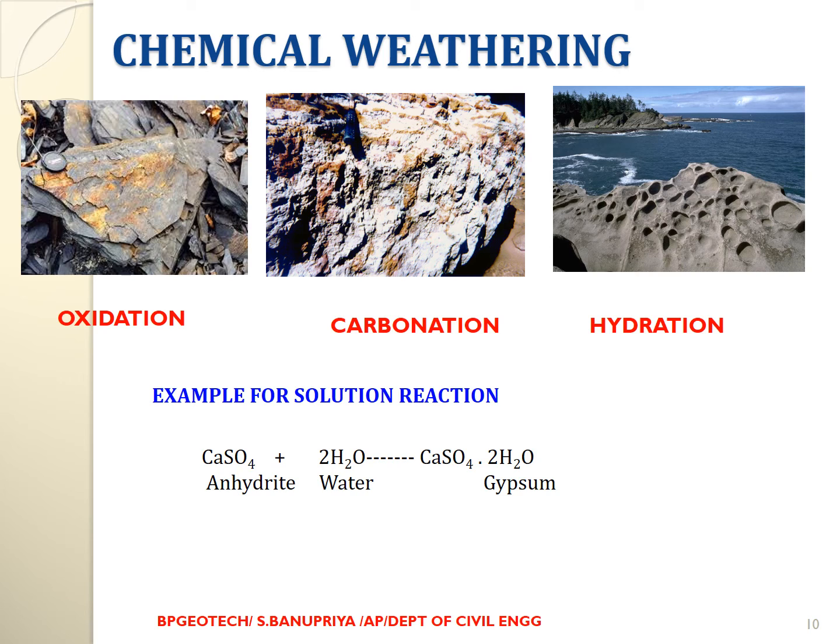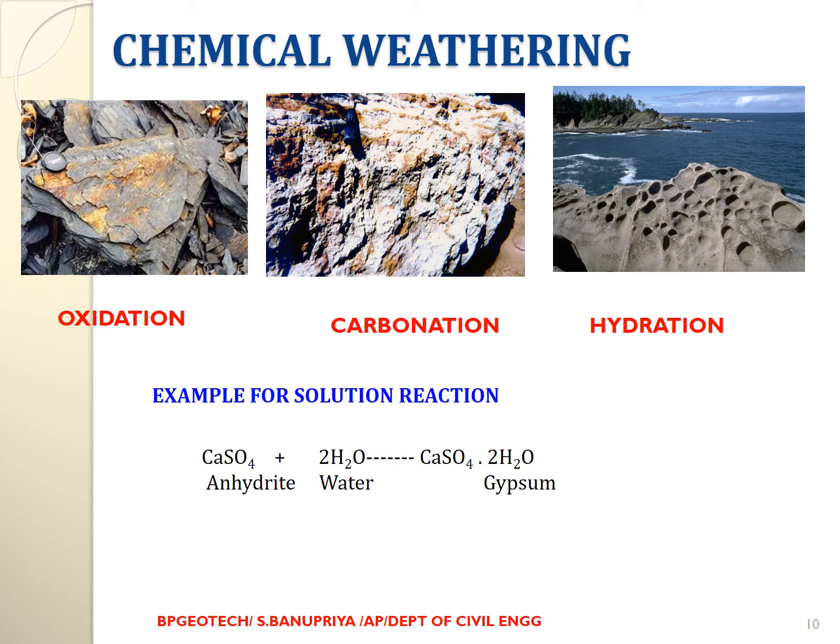For example, if there is a rock with calcium sulfate, once it reacts with water, it transforms from anhydrite to gypsum. In its anhydrite nature, the rock is in a solid state.